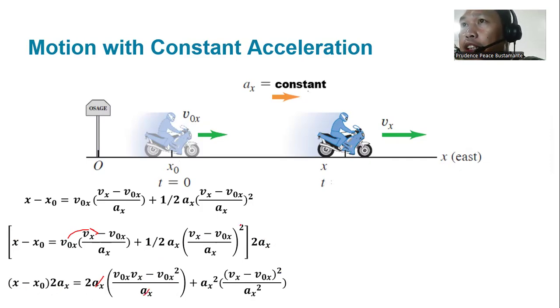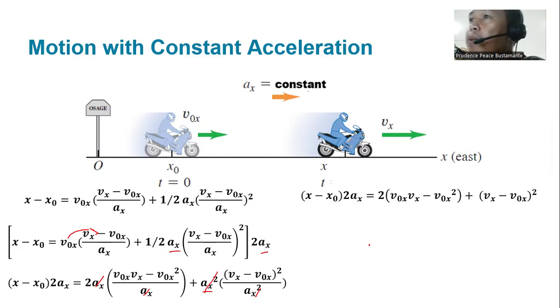Here we distribute the x squared over the acceleration squared. We multiply this one to this one, so the 1/2 is cancelled. What's left is a sub x times a sub x, so we can also get rid of this one.